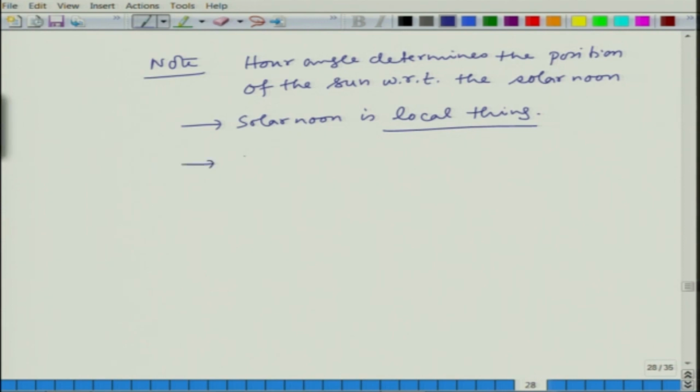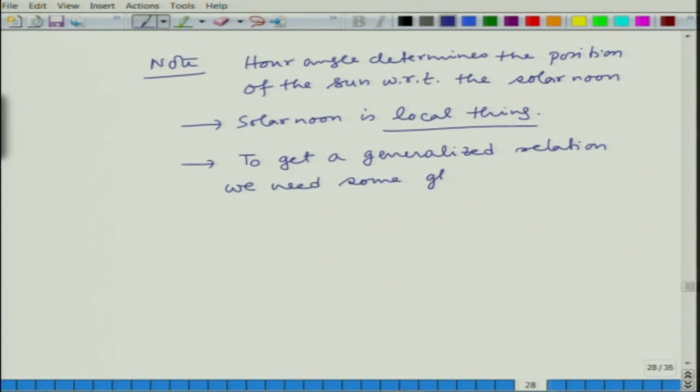Okay. So, to get a generalized relation, we need some global reference frame. Okay. So, this omega or hour angle has to be in terms of the global reference frame. Okay.